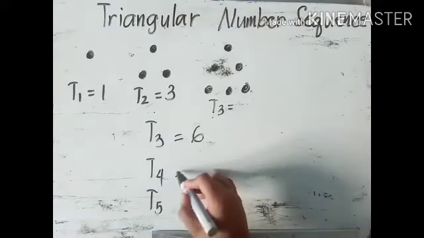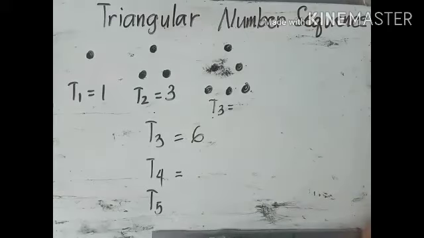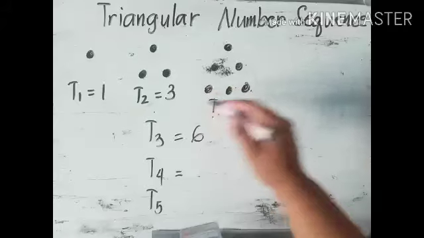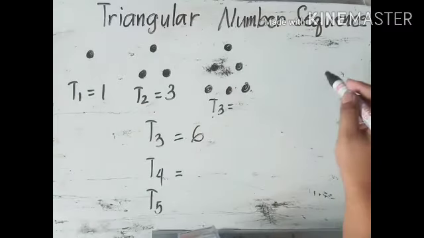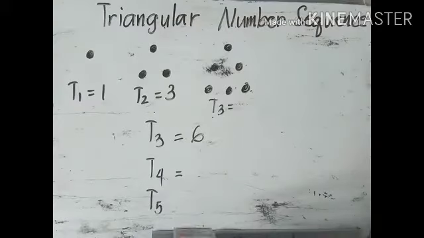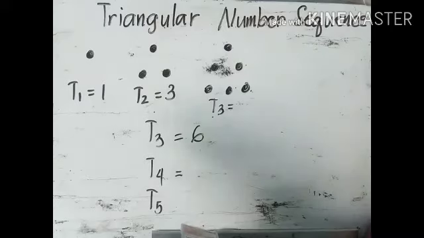How about for T4? It is very hassle for us to draw dots if the given number is big. So let's find the pattern. Did you notice any pattern here?